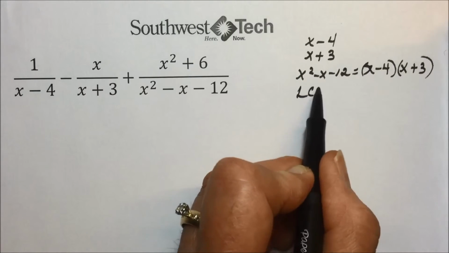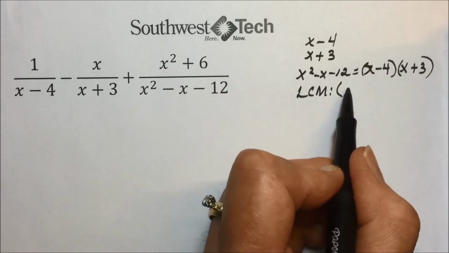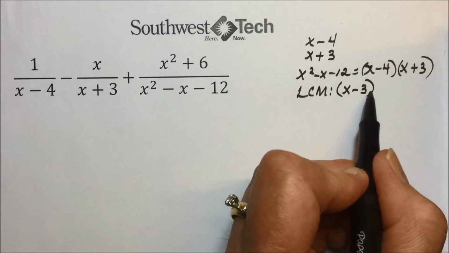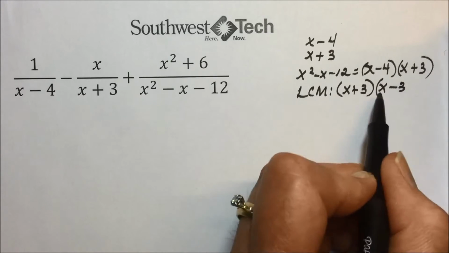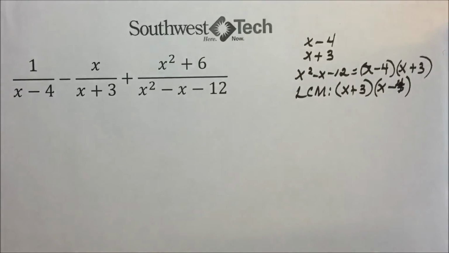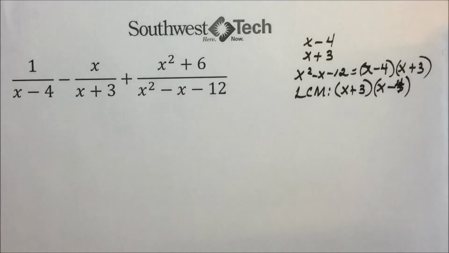Our least common multiple has to have these two factors, which are the factors of these two rational expressions with only the binomial.